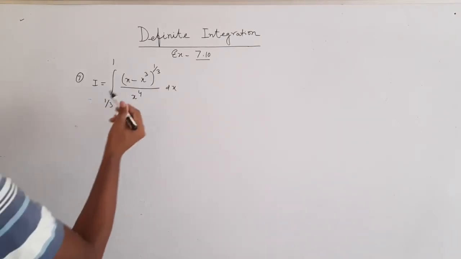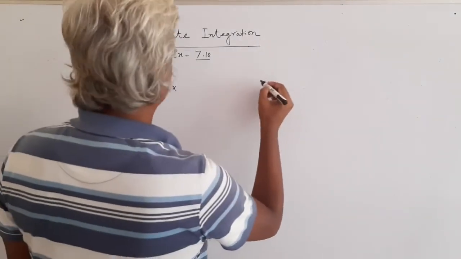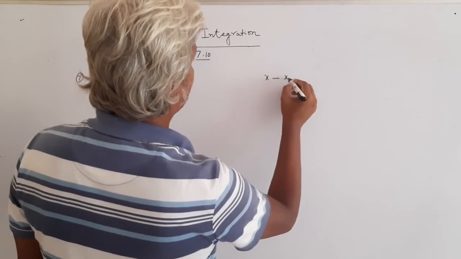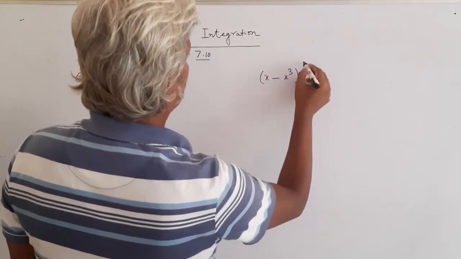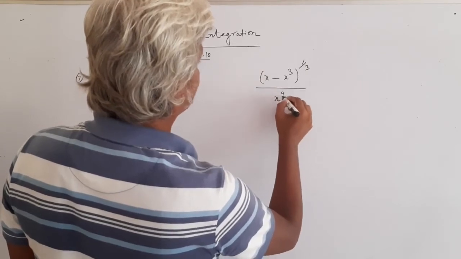So if you see, this is suggesting that I take x cube common. So what I have here is (x minus x cube) to the power 1 by 3 over x to the power 4.